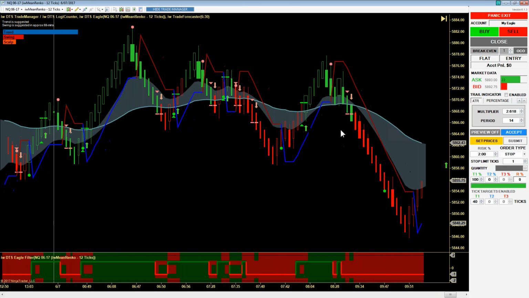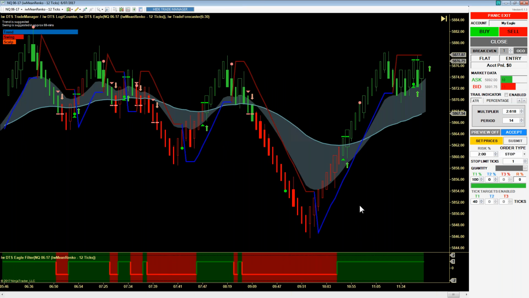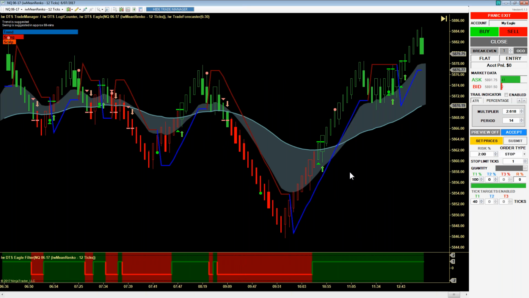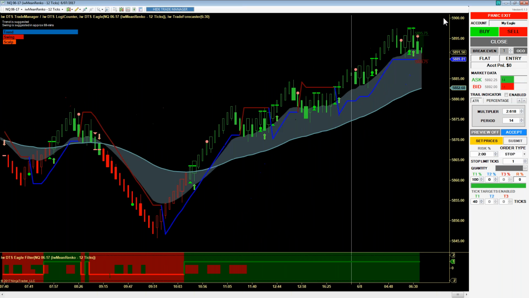Then in the afternoon, the market fell apart. Thought for sure we were going to see a larger downtrend develop, but we took a bounce off of the previous day's lows and rallied back up to where it all started. So a fairly neutral day overall, very quiet through the overnight.